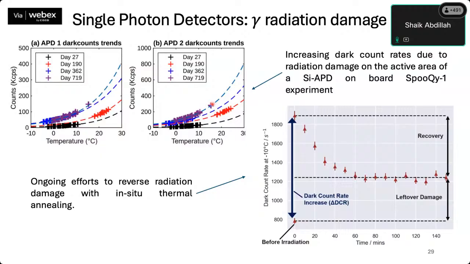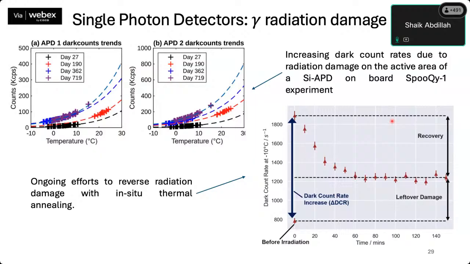We cannot really do anything about the degradation of the material due to radiation damage, because there's only so much shielding that we can put on our single photon detectors before it eats into our budget. But what can, in principle, happen is we can reverse this radiation damage by in situ thermal annealing.